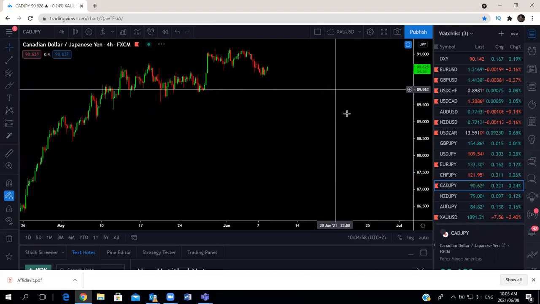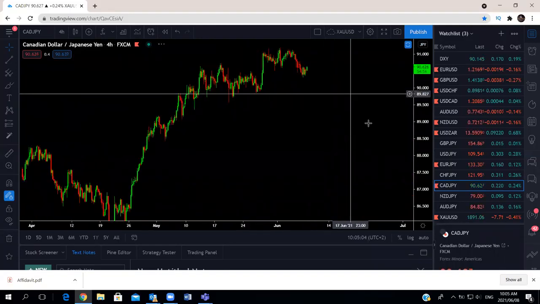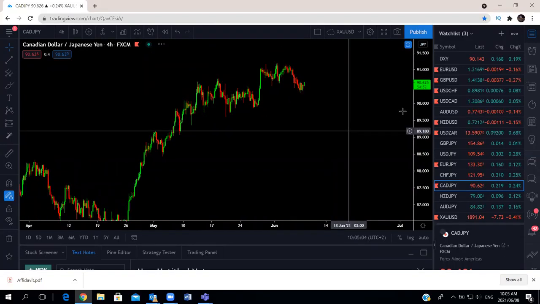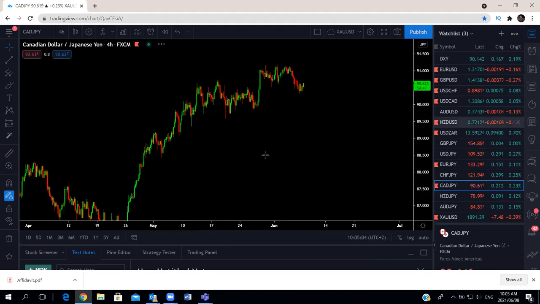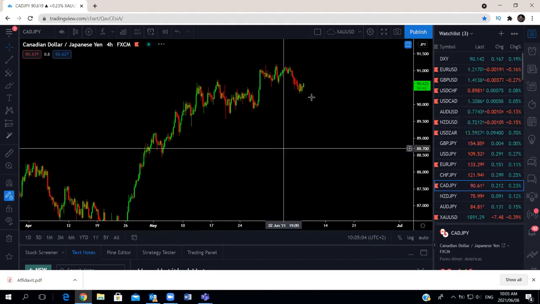Let's have a look here at KDN. Now, this is how I'm looking at KDN. You'll see that KDN is in a corrective structure as follows.